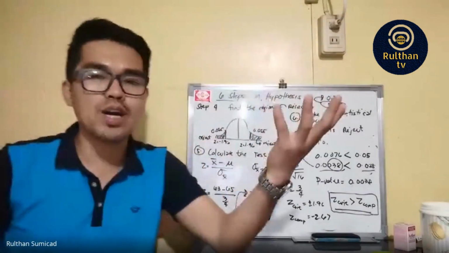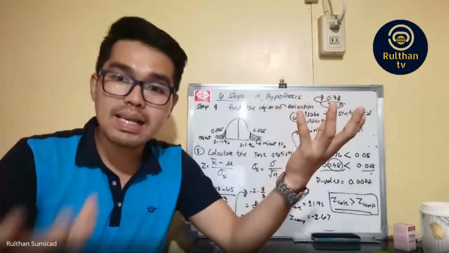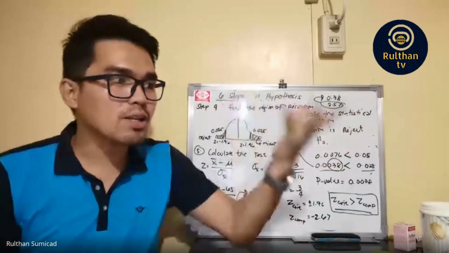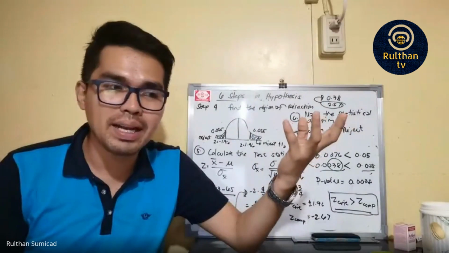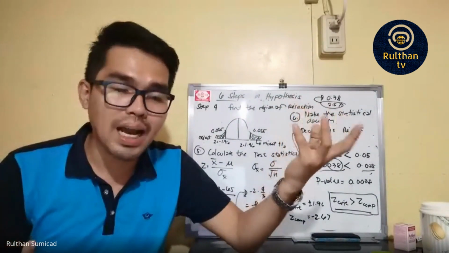It's like this. Population and then samples. The population is considered relatively large because we're talking about a large group here.